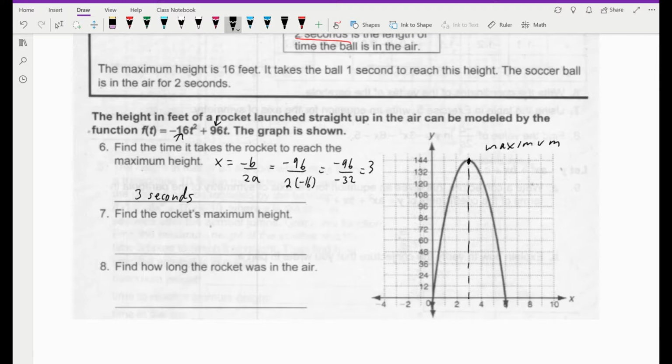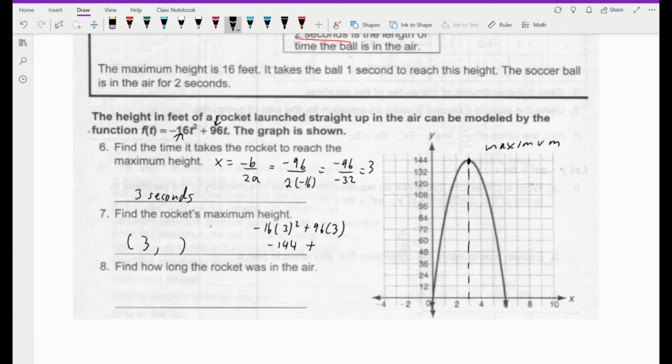Now it says find the rocket's maximum height for number 7. Well, we will plug 3 back into the equation: minus 16 times 3 squared plus 96 times 3. Minus 16 times 9 is minus 144, plus 96 times 3.